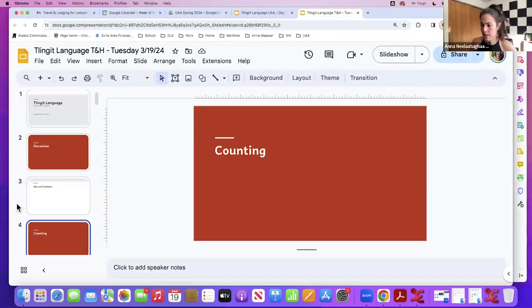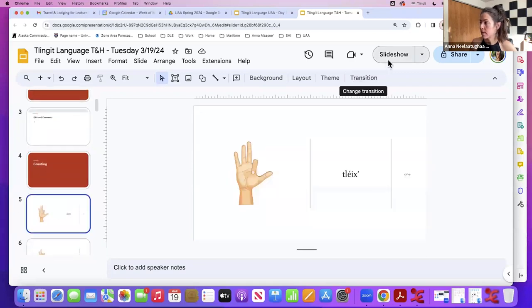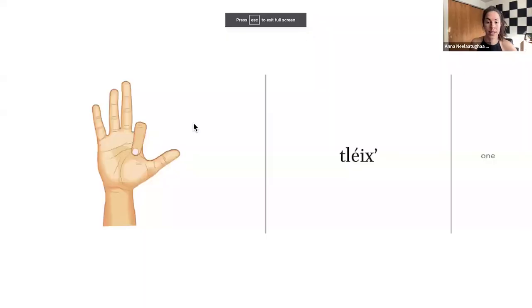Okay. Any questions on those? Okay, now we're going to drill 1 through 3, just because we went over all 1 through 10 and now we want to try to internalize 1 through 3 in our memory.